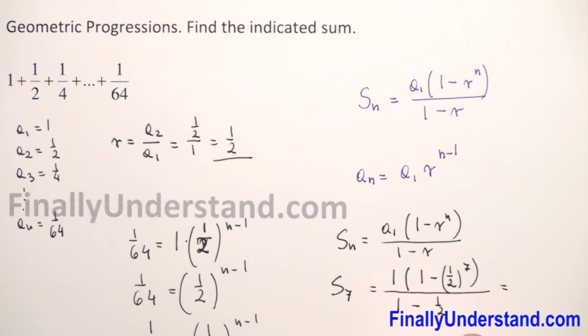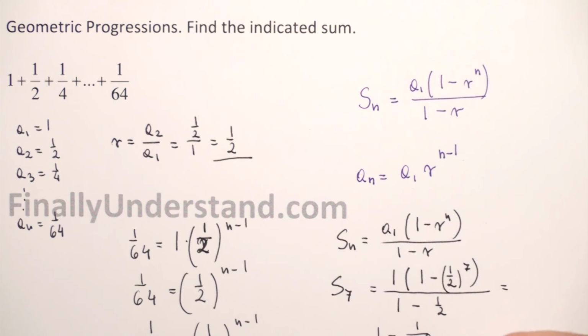This is equal to 1 times this expression, which is still the same expression. So we have in parentheses 1 minus (1/2) to the 7th power. 1 to the 7th power is 1. 2 to the 7th power is 128. And 1 minus 1/2 is 1/2.